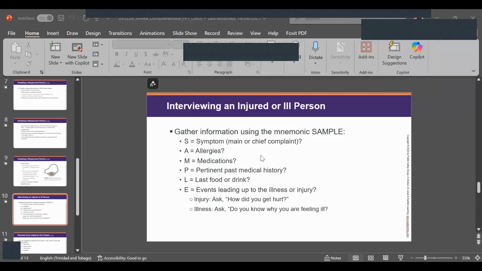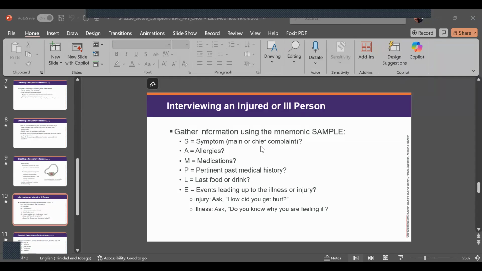You look at the person for any outward displays, things like gasping, clutching the chest, a panic-stricken appearance. Symptom: are you having any difficulty breathing? Yes. Any other feelings, any other problems? Tightness in the chest. Now, what can we do for this person?